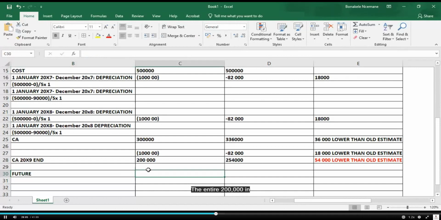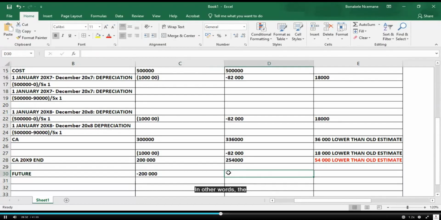So the entire 200,000 in future will be depreciated. But under the new method, within the carrying amount of 254,000, there is 90,000 that relates to a residual value. So you only depreciate the depreciable amount.